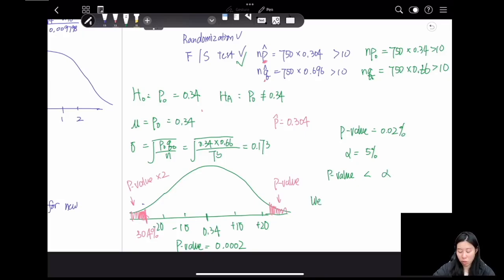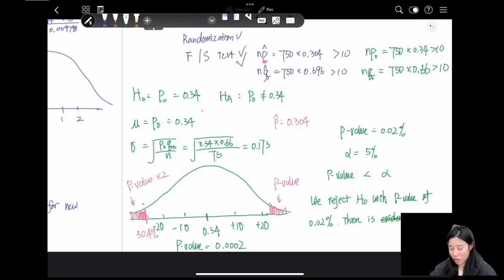If the p-value is small, we reject the null hypothesis with a p-value of 0.02%, and there is significant evidence, or statistically significant evidence, let me be more accurate.